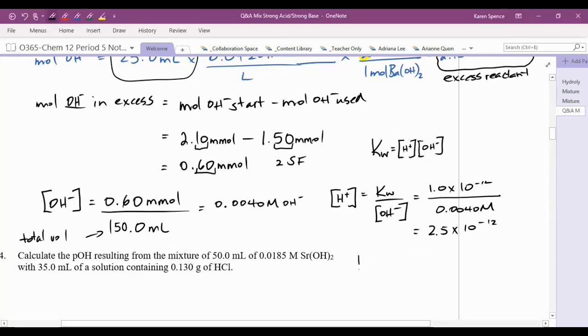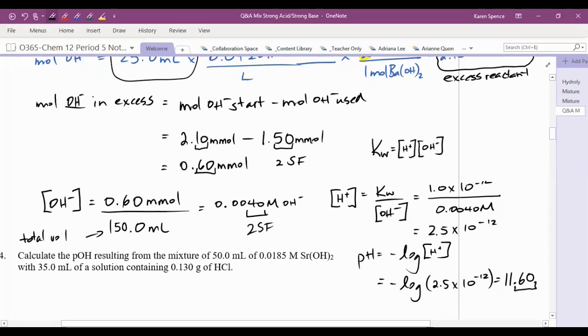And so from there, we can find our pH. pH is the negative log of hydrogen. So that's going to be the negative log of 2.5 times 10 to the minus 12, which is 11.60. And that has our two significant figures that went with the two significant figures that we got over here.